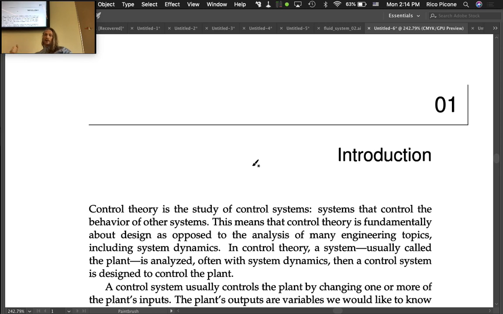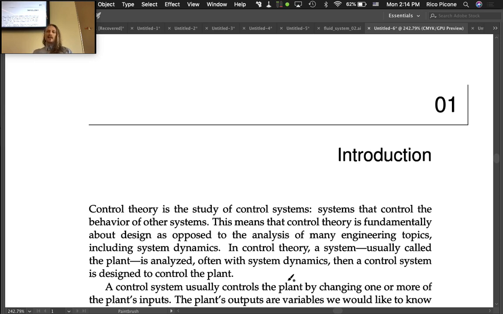Good. In control theory, a system is usually called the plant. This is just a historical naming convention. The plant is analyzed often with system dynamics. Then a control system is designed to control the plant.